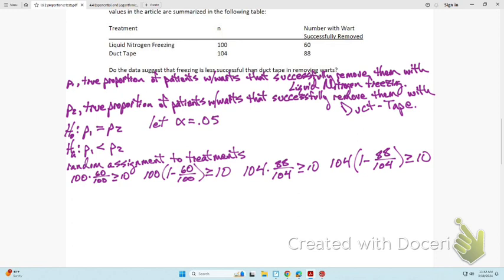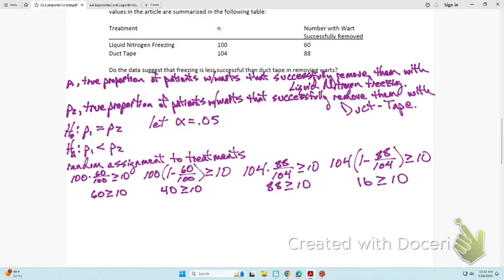So what I was saying is if you see that for that first check, the hundreds cancel out and you get 60. The next one has to be the complement that adds to 100. The next one, 104s cancel. And the last one has to be the complement, 16.